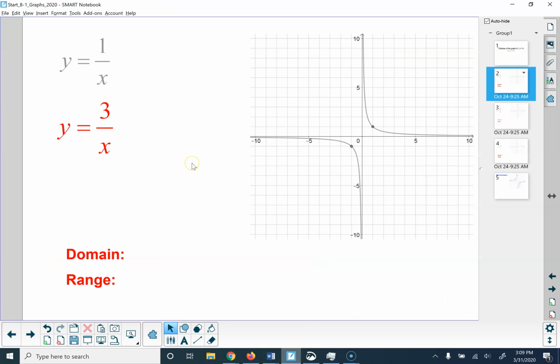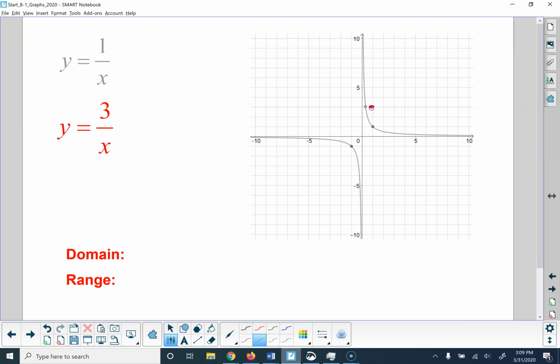Here we're looking at y equals 3 over x. Y equals 1 over x is graphed in gray. We'll take a look at it. So 3 over x, the point that was (1, 1) now becomes (1, 3) and (3, 1).